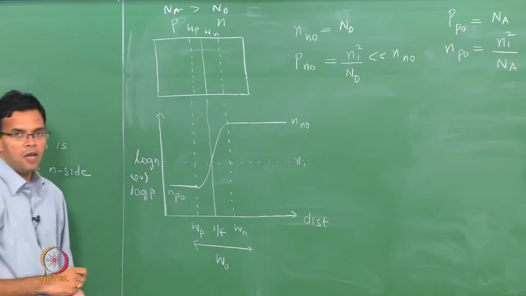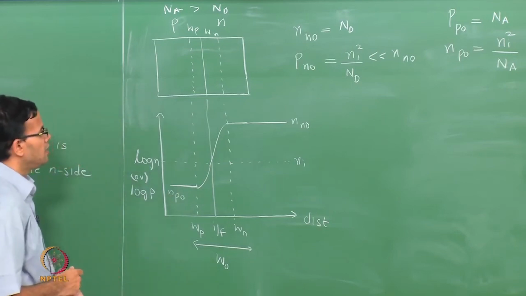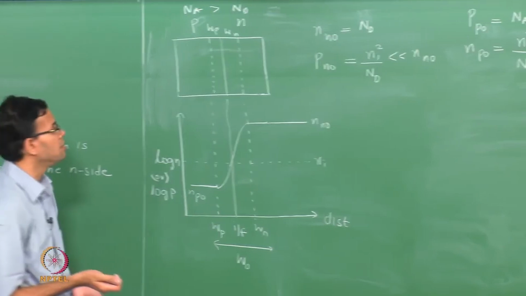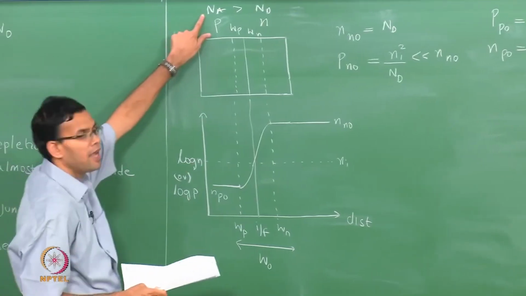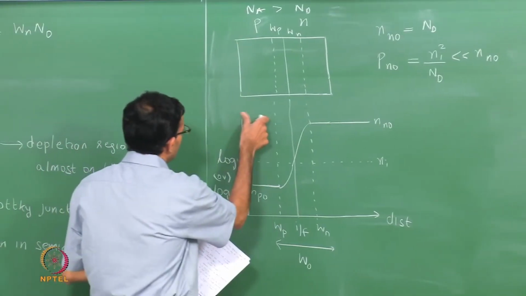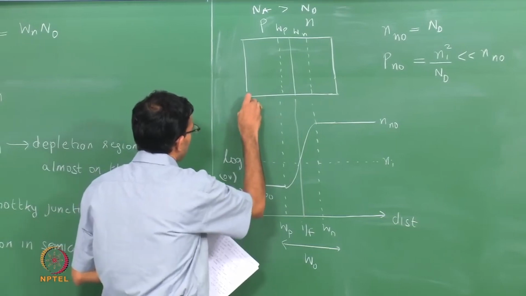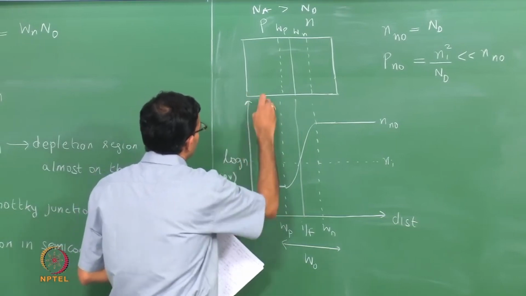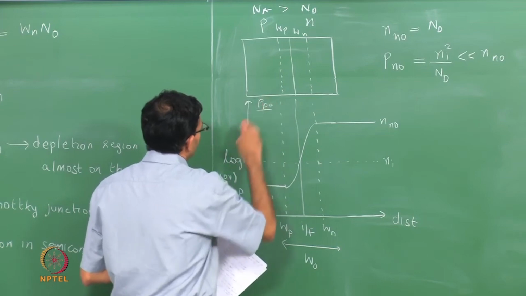We can do the same for the holes, and we said that the hole concentration is higher than the electron concentration. We said Na is more than Nd. So, let me just draw these axes a bit up, so that this is Pp0.